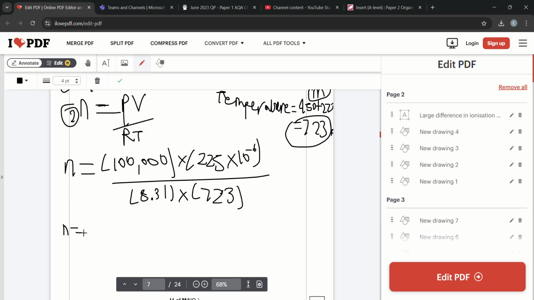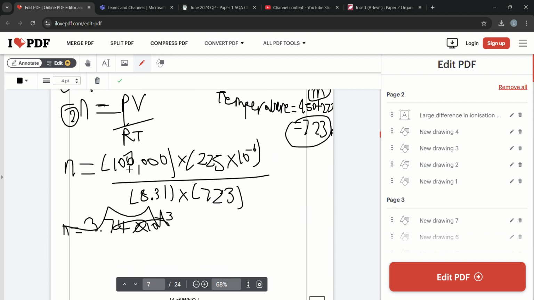n is equal to 100,000 times 225 times 10 to the power minus 6 divided by 8.31 times 723. The number of moles is 3.74 times 10 to the power minus 3. Oh, it's not 100,000, it's 101,000.